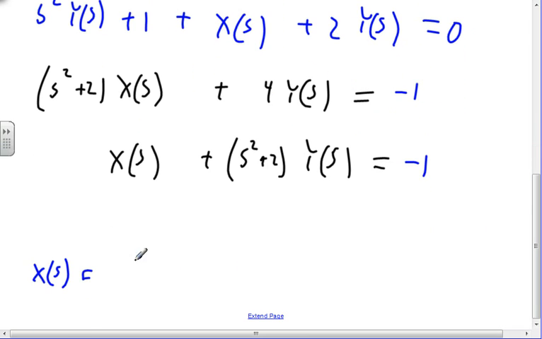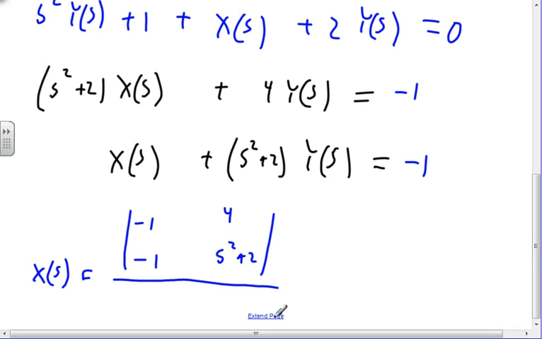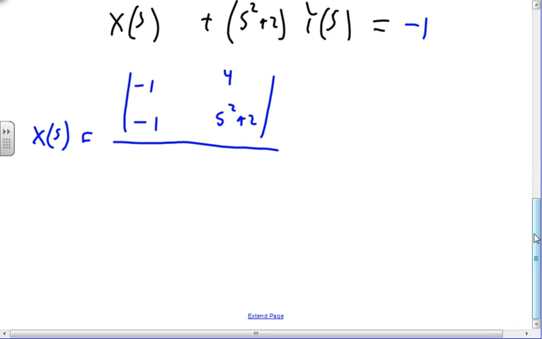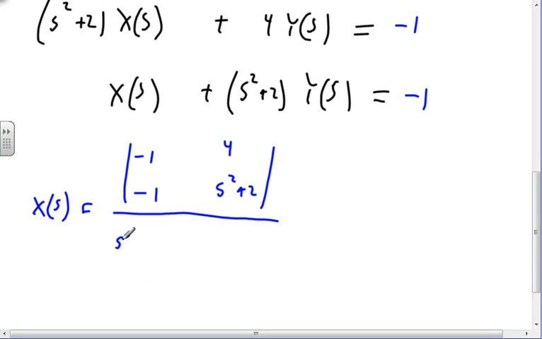Okay, so I got that. Is equal to, well, -1 -1 for s squared plus 2 divided by s squared plus 2 for 1 s squared plus 2.